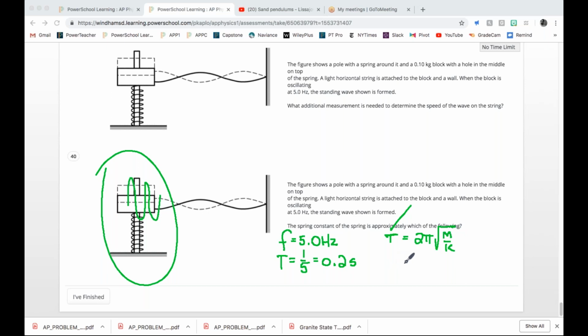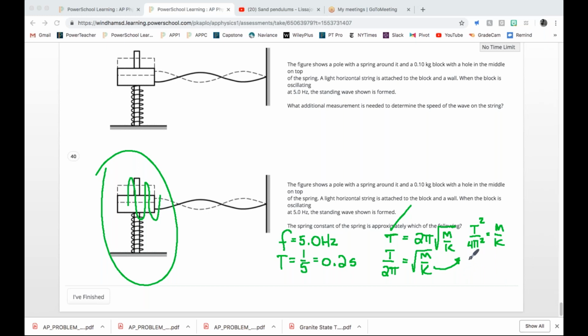So I'm going to divide both sides by 2 pi. That becomes period over 2 pi equals root m over k. The next step I would take is to square both sides. I get period squared over 4 pi squared equals m over k. Now I can cross multiply and solve for k.